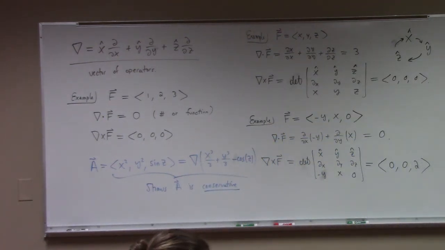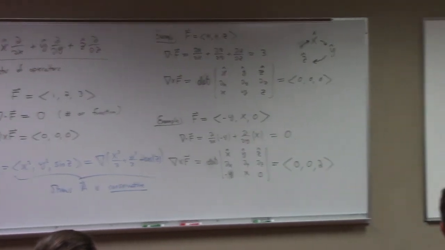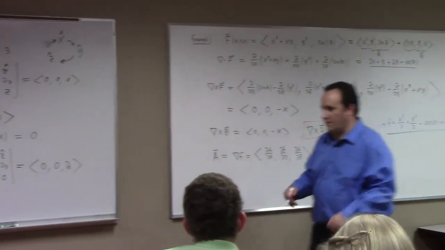I mean, maybe the answer is right here. Part of the answer, anyway. If a vector field is conservative, let me propose that the curl of that vector field should be 0. Can we prove it?